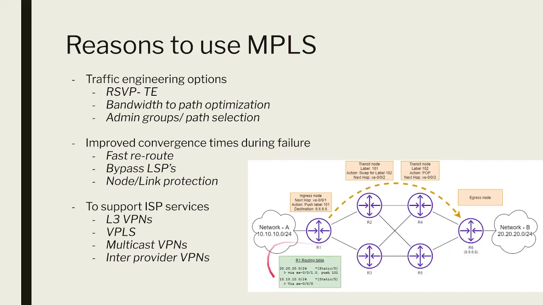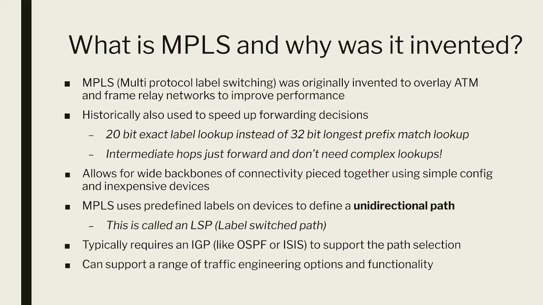In this case, the routing table doesn't, and most likely we've provisioned the LSP without dynamic protocols, and hence we haven't worried too much about an IGP in this center core. But naturally that means that it is a large admin overhead to manage those labels. Hence, it's typically suggested that we do use something along the lines of an IGP. As I've suggested, MPLS does also support a range of traffic engineering options.